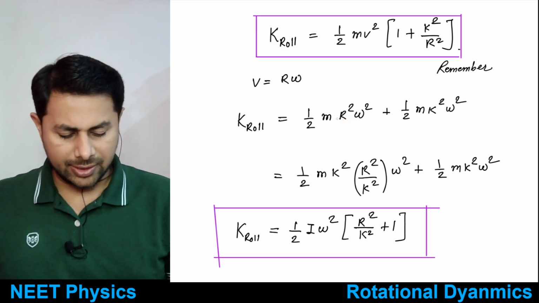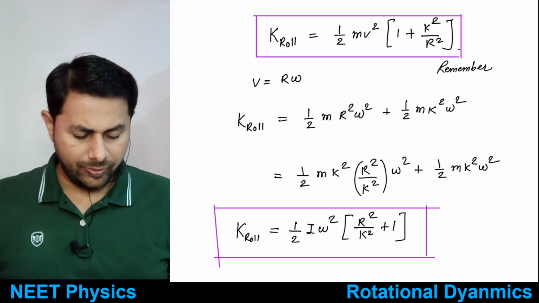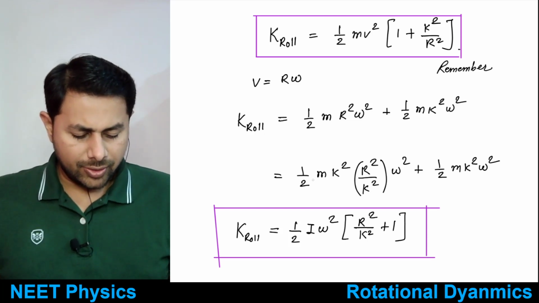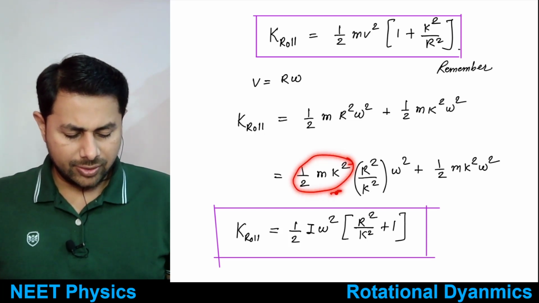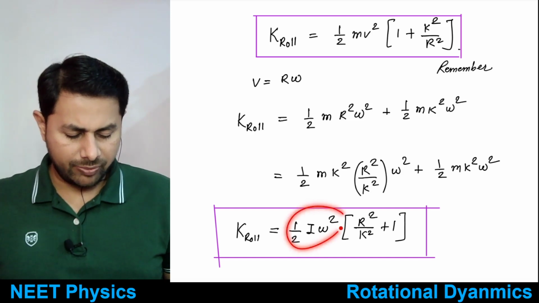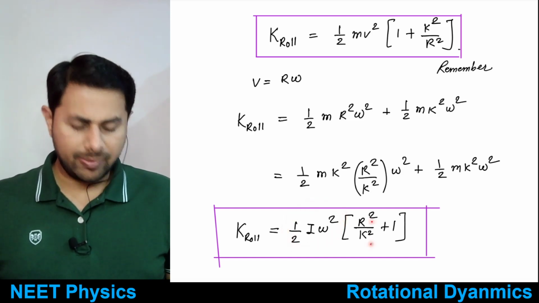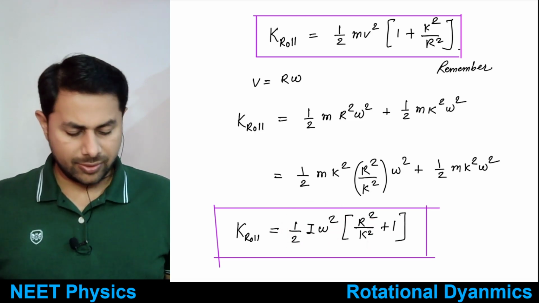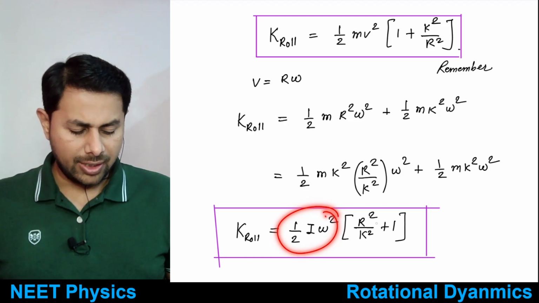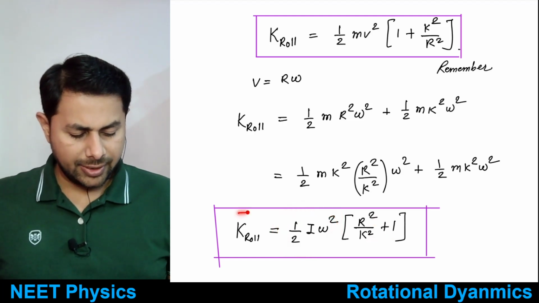Then you can take half mk square common, so that is your I. You can take omega square common. So again what you are left with is half I omega square multiplied by r square by k square plus 1, okay? Half of I omega square multiplied by r square by k square plus 1, right? So this thing is clear.